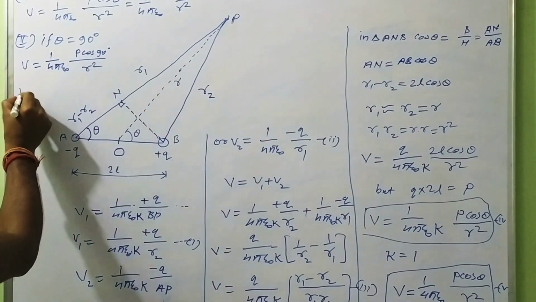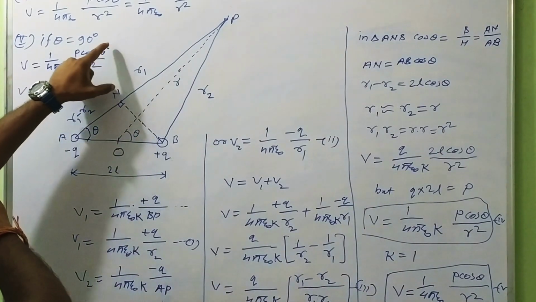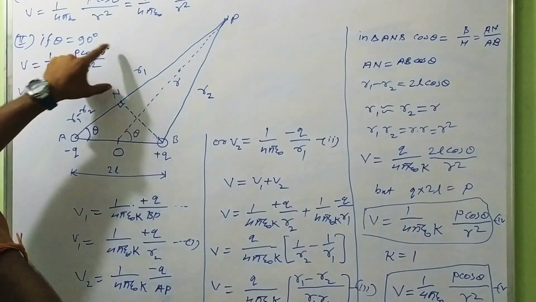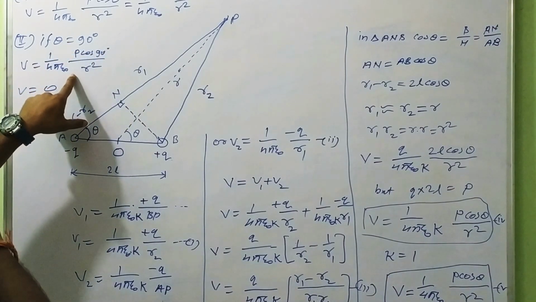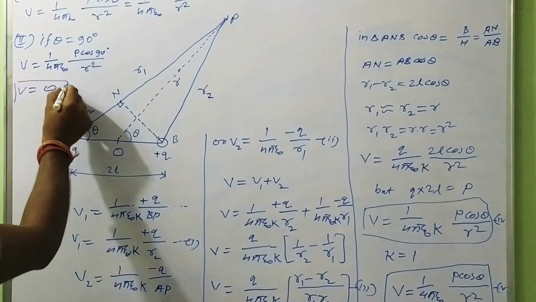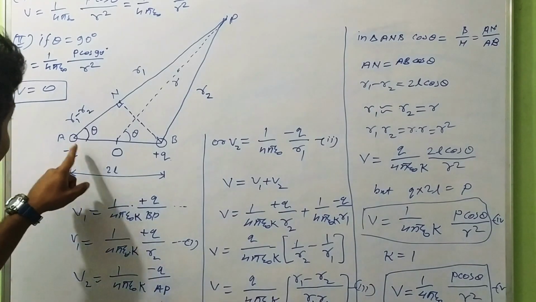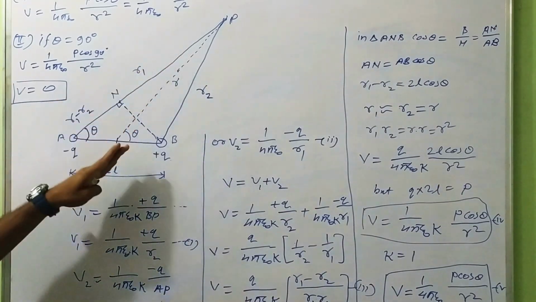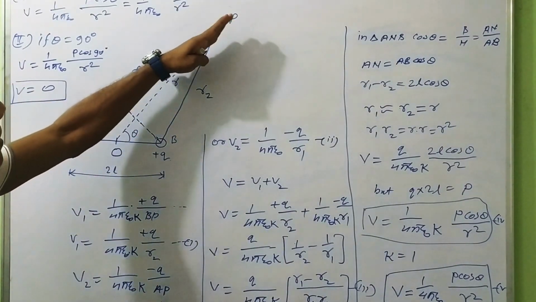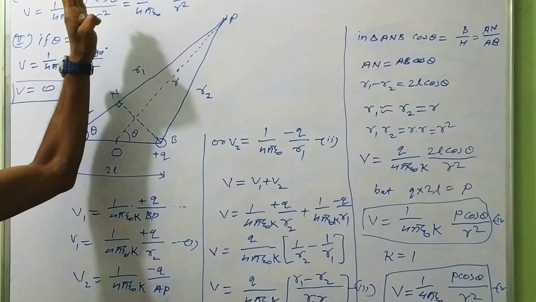Then it will be equal to 0, because P into 0 equals 0, and 0 into 1 upon 4 pi epsilon naught is also 0. That's why the potential will be 0 where theta equals 90 degree, which means this OP line will shift along this direction.